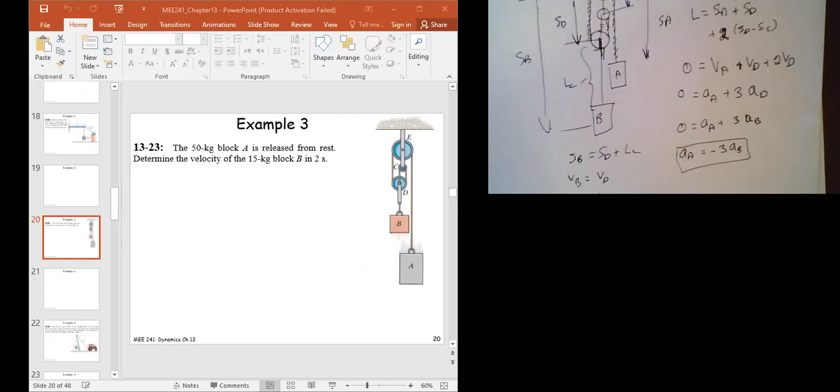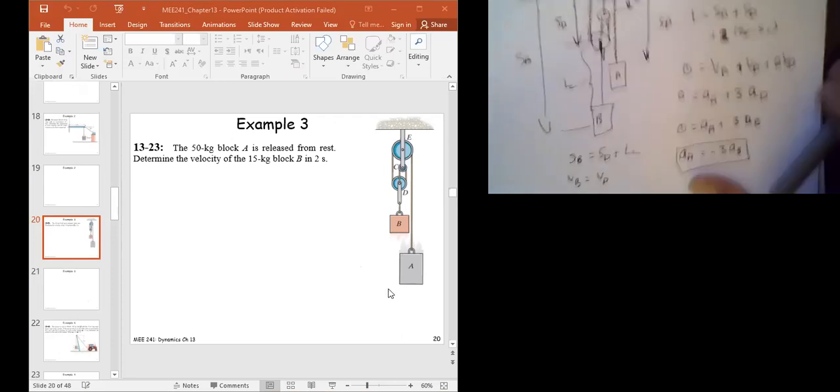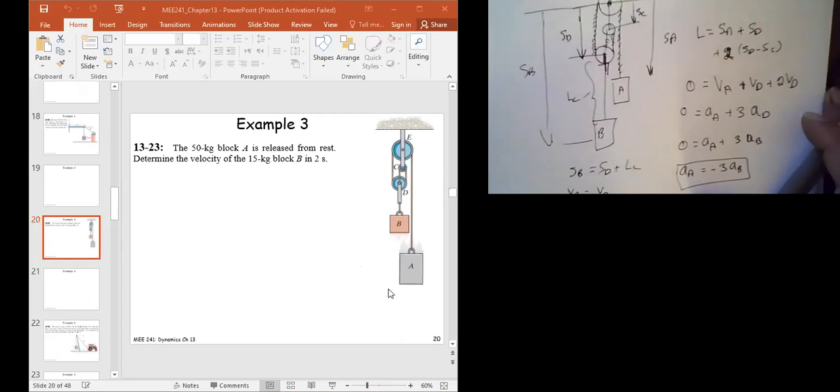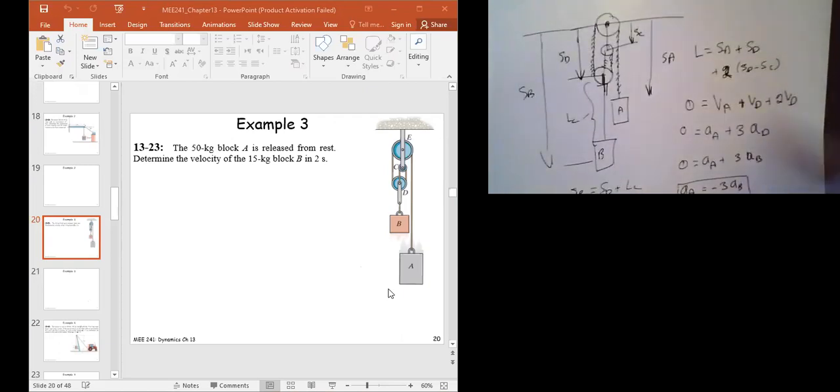I was saying that when we were taking the length of the cable, why didn't we consider SC as well? We did consider. So L is equal to SA, this is the first portion of the cable, plus SD, plus 2 times (SD minus SC). So this portion and this portion. He means the portion on top?